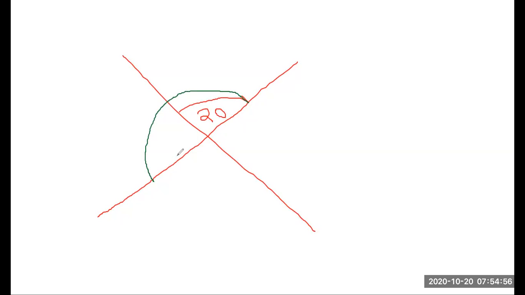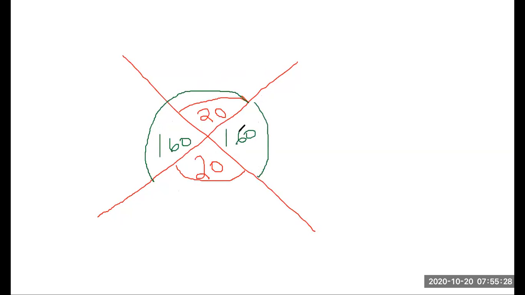It's on a straight line, 180. However, let's look at this side. That would be what? 20. Yep. And if I want to find this angle right here, it would be 160, because I know a supplementary angle has to be 180, and it's on a straight line. So this angle right here is 160.